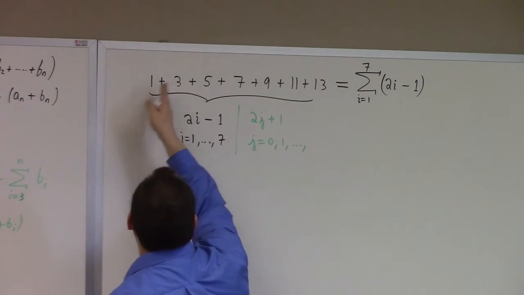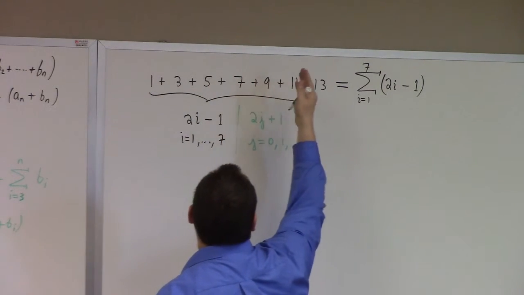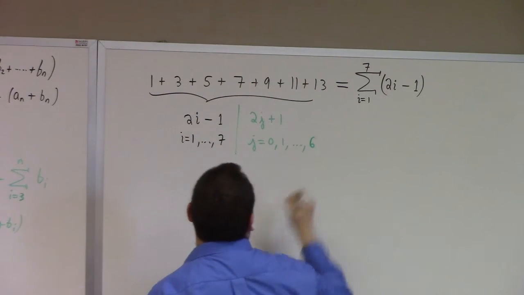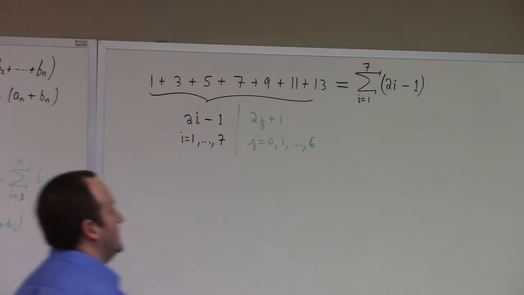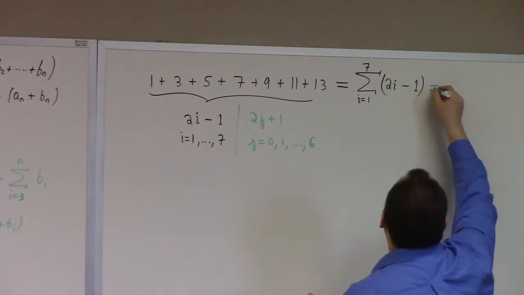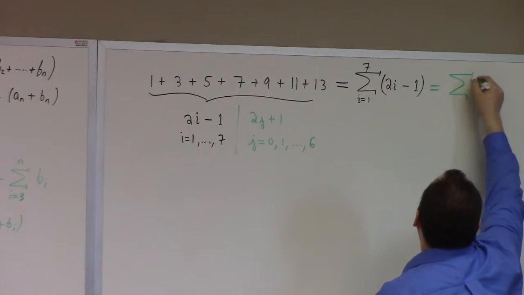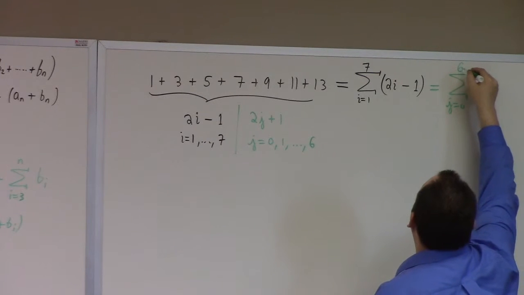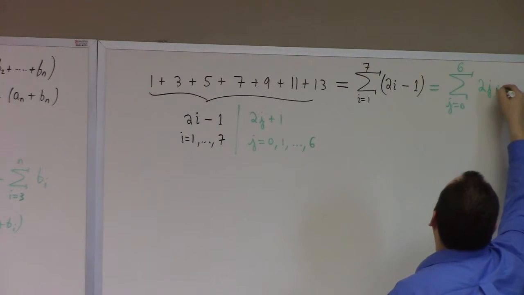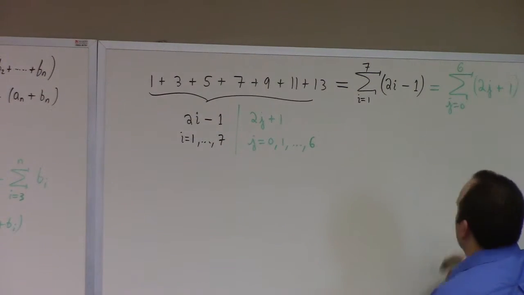That's 0. j equals 1, 2, 3, 4, 5, 6. Right? 2 times 6 is 12. 12 plus 1 is 13. You could also write this as the sum j equals 0 to 6 of 2j plus 1. Okay.